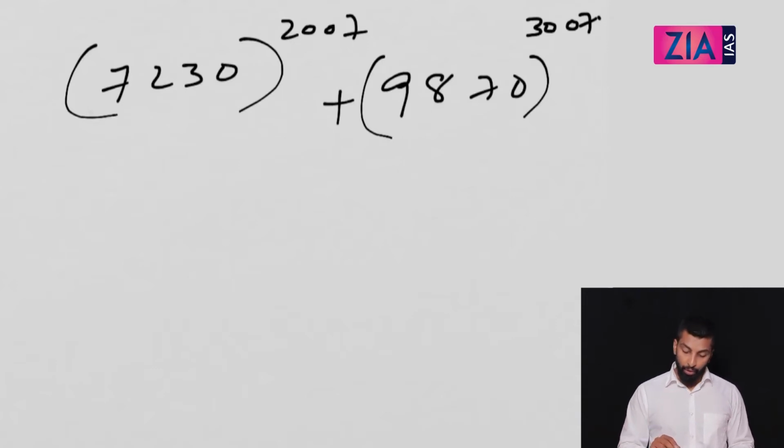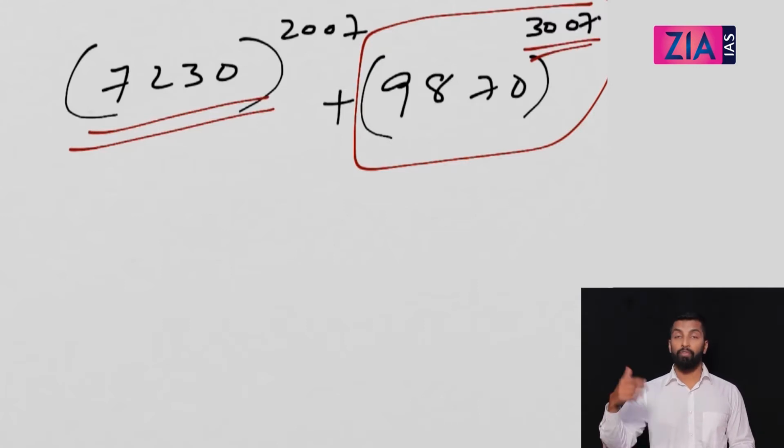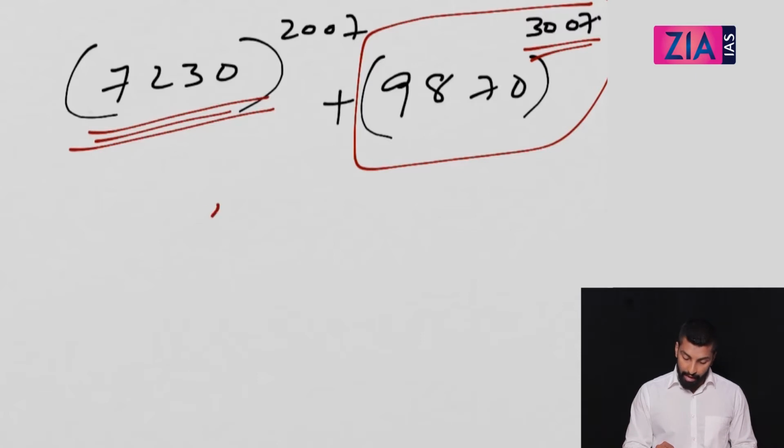Now first you need to know which number is important for you. This number is important because if you take this number, there will be more zeros, right? Since the power is 3007, obviously there will be more zeros. So if this number's last non-zero digit is, let's suppose, a, then you have many zeros, right? What about this number?